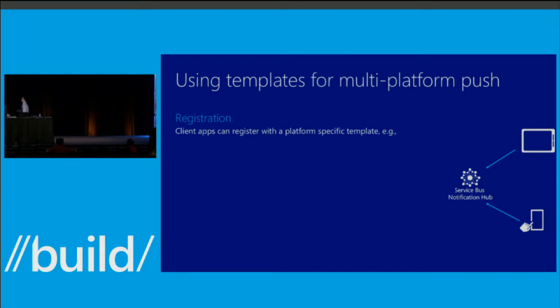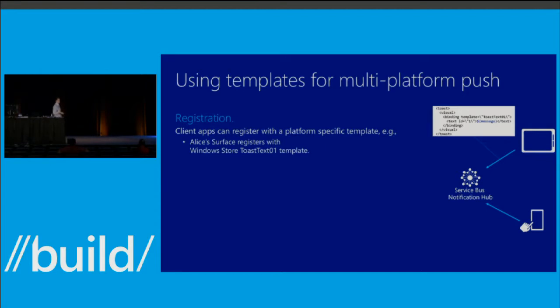What happens here is that when the devices register, they specify a template. In this case, we have a surface that is specifying a Toast template, and notice the $message in there. What it says is the format that they want to receive.